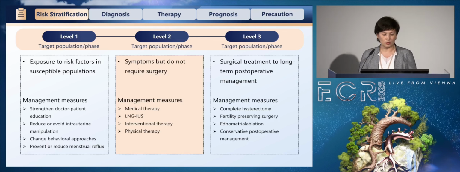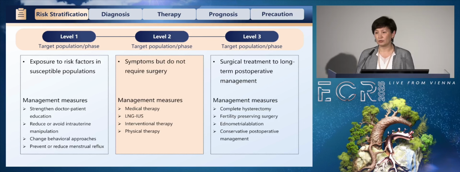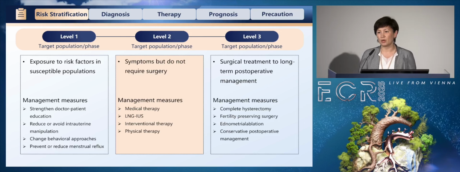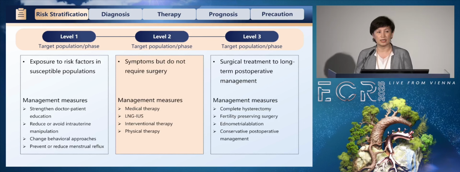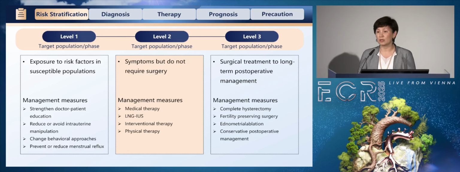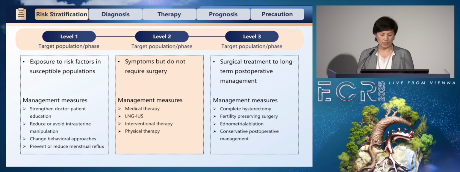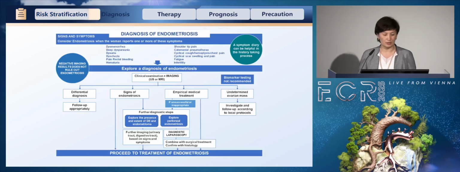For level 2, the target population has symptoms but does not require surgery. For sonography, we pay more attention to level 2 because we should give the patient a more accurate diagnosis and even interventional therapy. And level 3, the target population needs surgical treatment and long-term post-operative management.